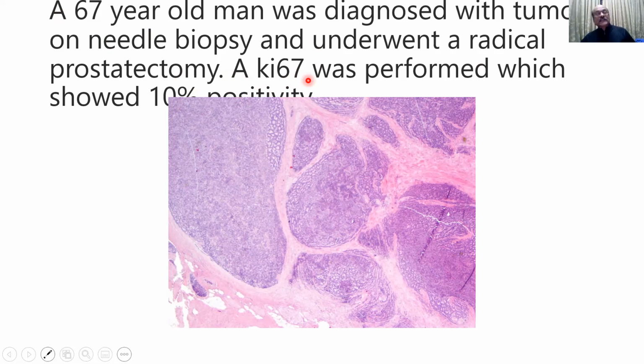A Ki-67 was performed which showed less than 10% positivity.